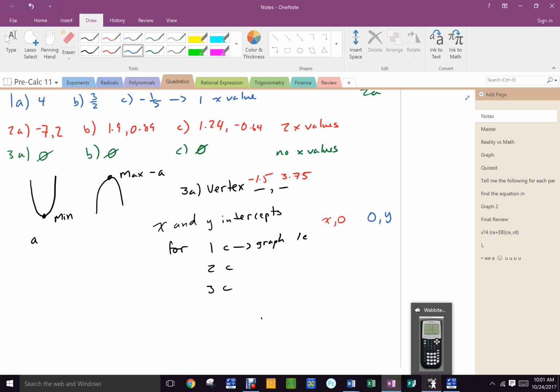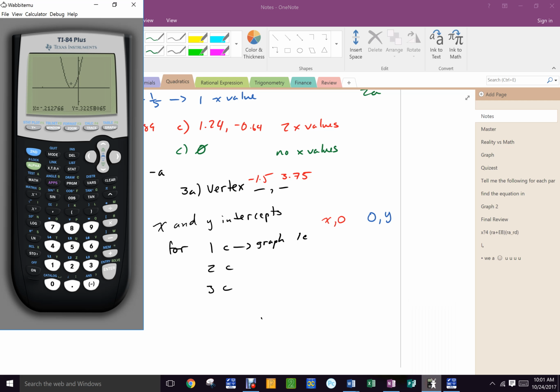Okay, so let's look on our calculator. We want our calculator to do some work for us now, yes? What button do we push for the calculator to do work? Second calc, because we want it to calculate stuff. Now, what on there do you think will help us? 1, 2, 3, 4, or 5? 5 says intersect.